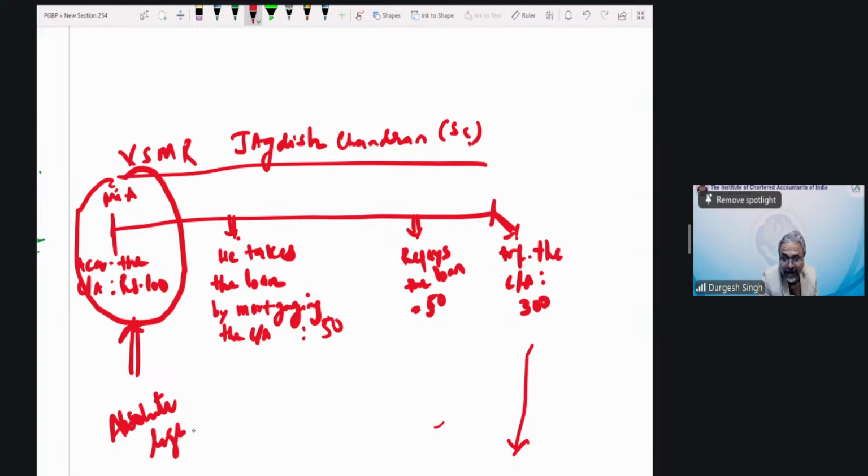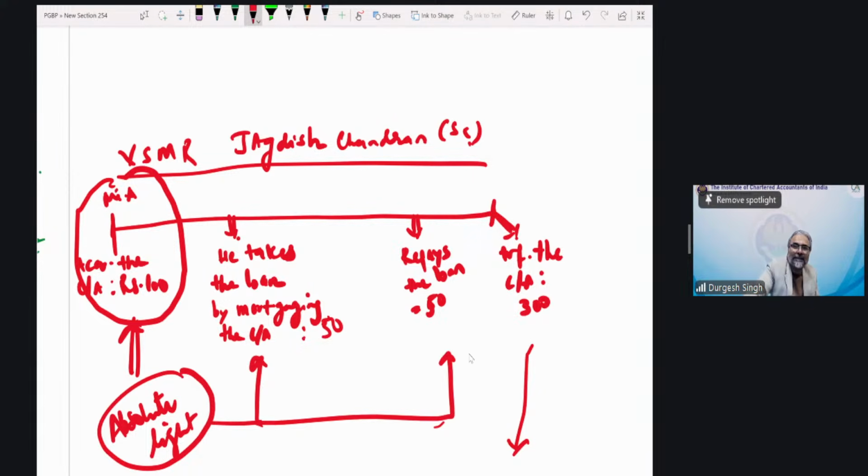Did he have the full right over the asset? Originally, yes. In between, he diluted his right by doing the mortgage, and after repaying the loan, he has recouped it. Recoup means he has got the same right which he already had when he acquired. Therefore, there is no improvement as far as the right is concerned.